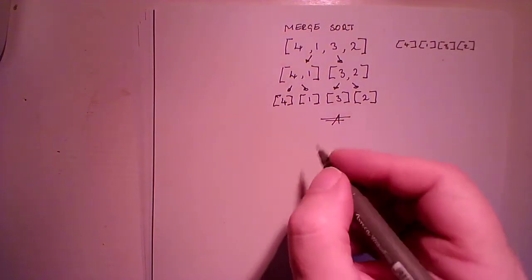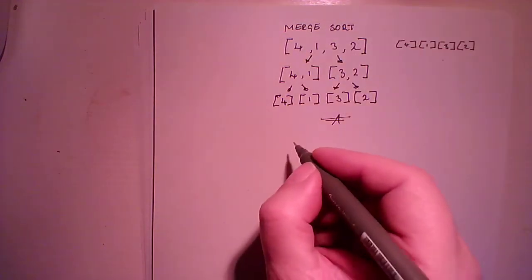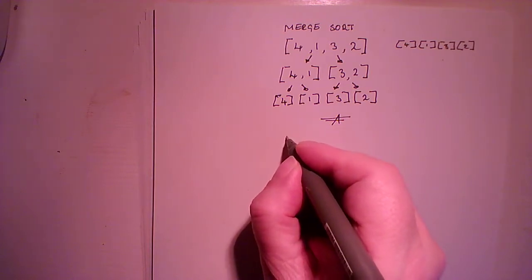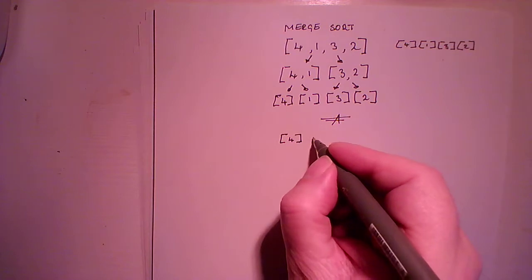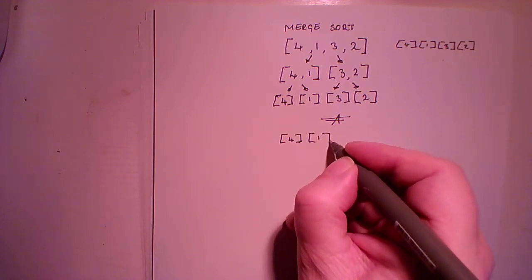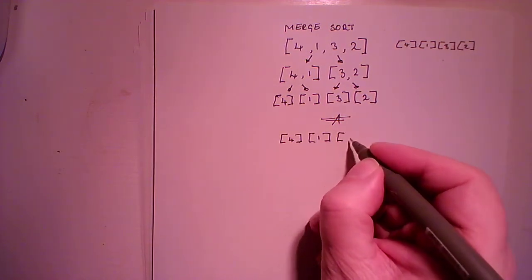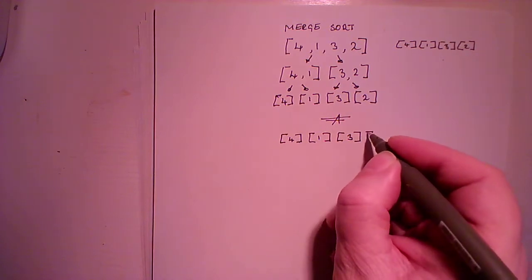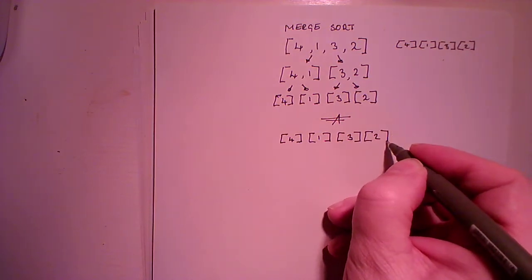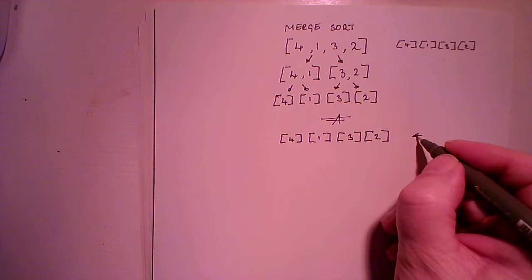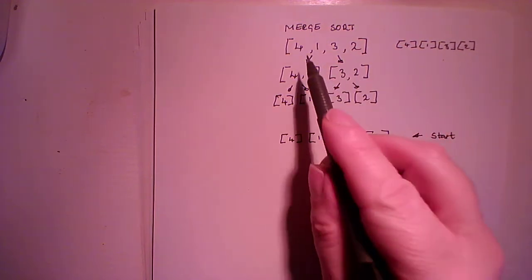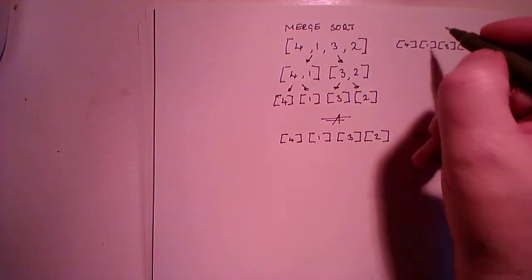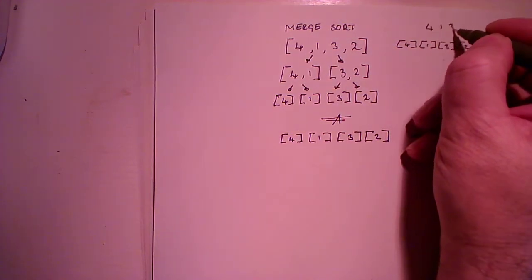I'm going to start at this position. So if I started off with 4, 1, 3, 2, I've got 4 lists consisting of single items, 4, 1, 3 and 2. So this is your start position in the exam if you ever get it. Start off just looking at this list, and they'll probably just give you numbers like 4, 1, 3, 2.